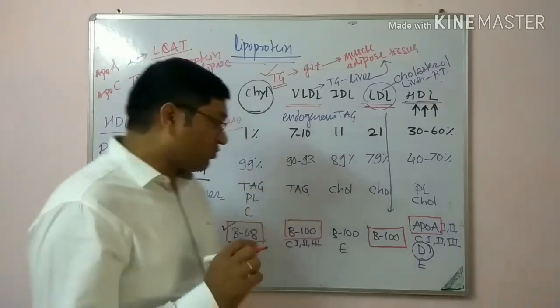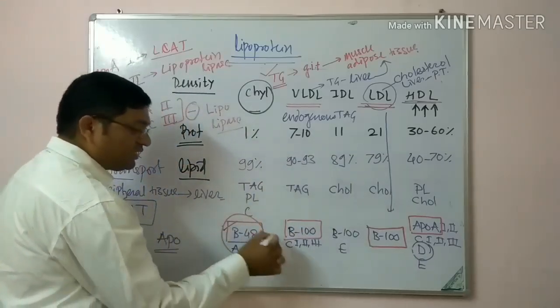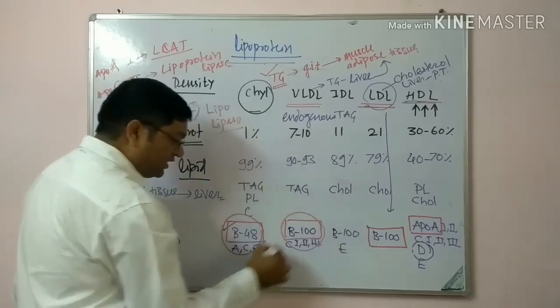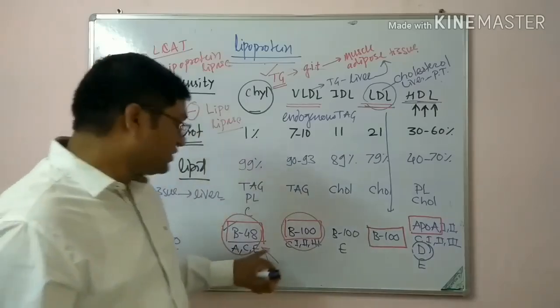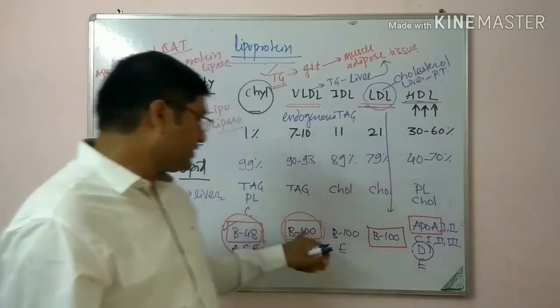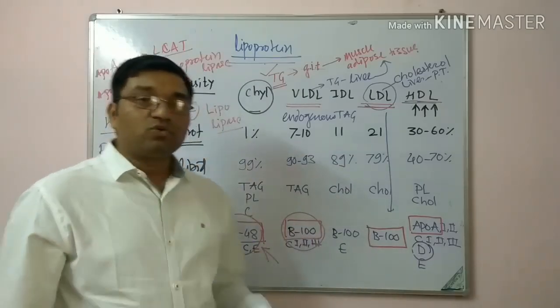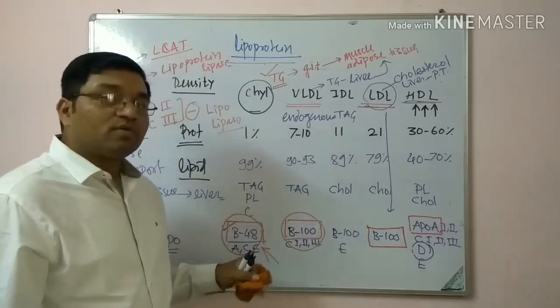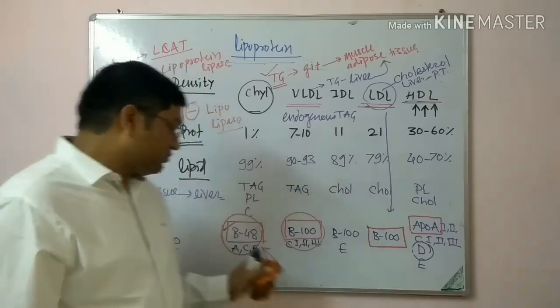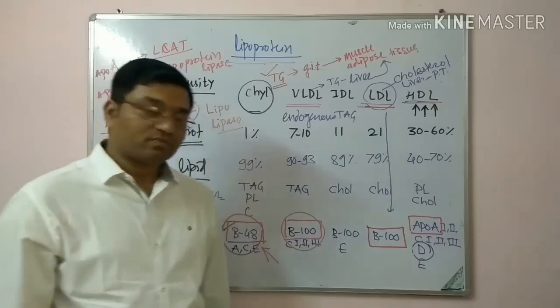They are synthesized from the same mRNA, B48 in the intestine and B100 in the liver. It is due to premature termination of protein synthesis, due to a stop codon after 48% of its synthesis.